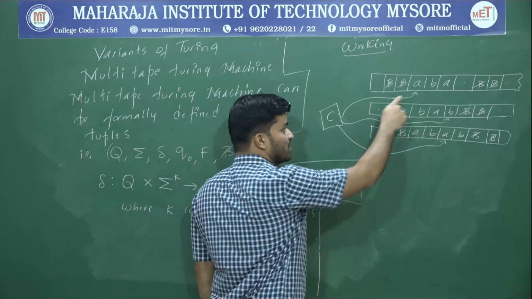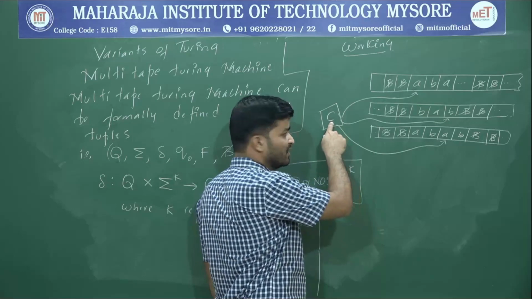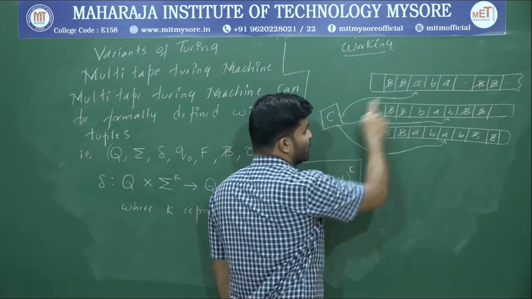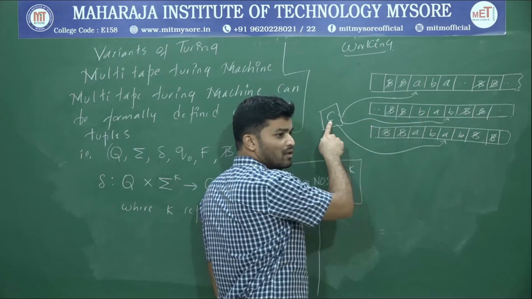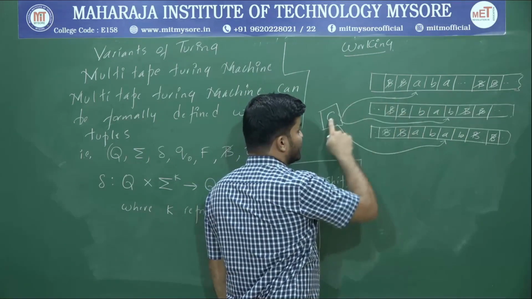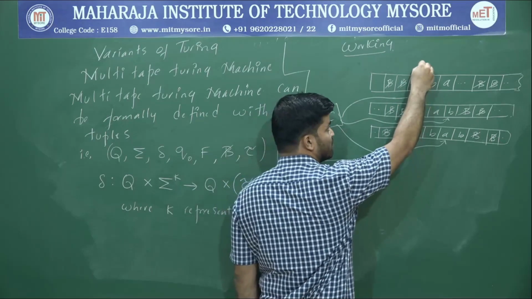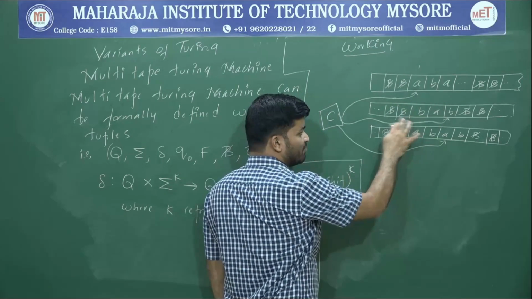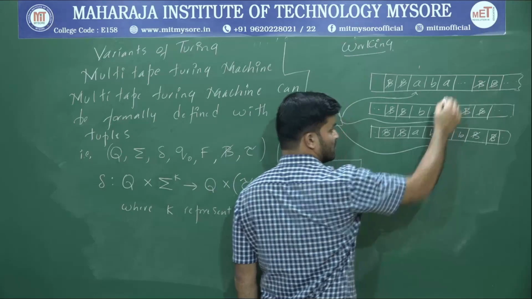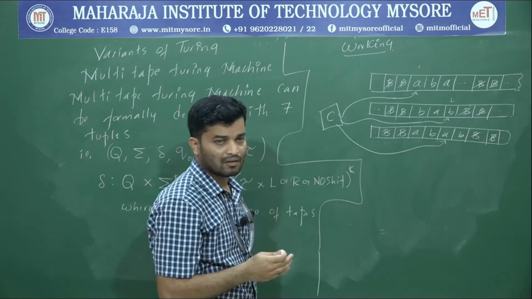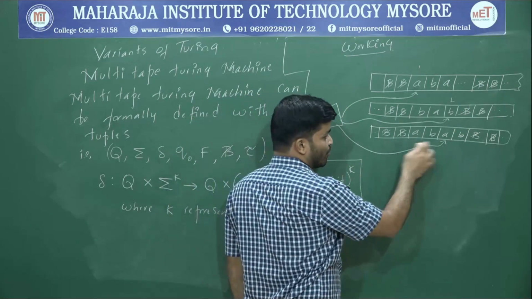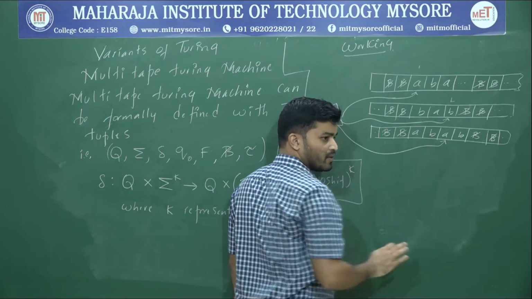And that may be pointed toward different positions. If you observe, in the first case your read-write head or controller is pointing toward the symbol in location number 1, whereas in the second tape it is pointing toward the last symbol. In the last tape it is pointing toward the last but one position.